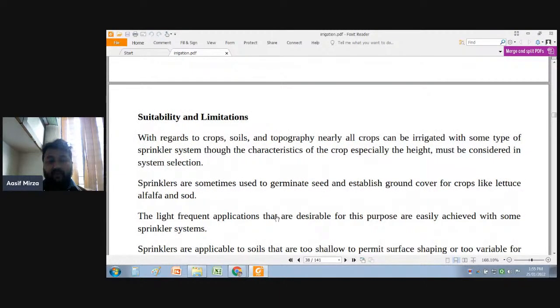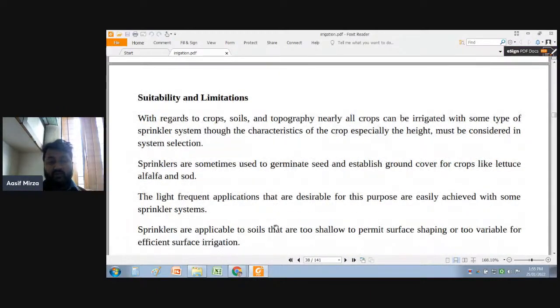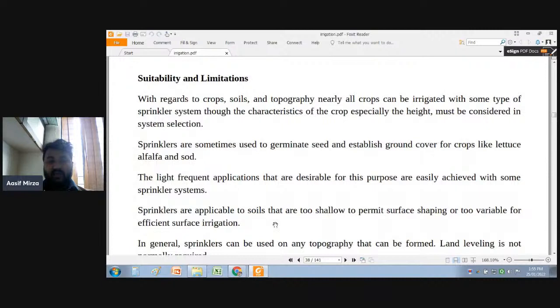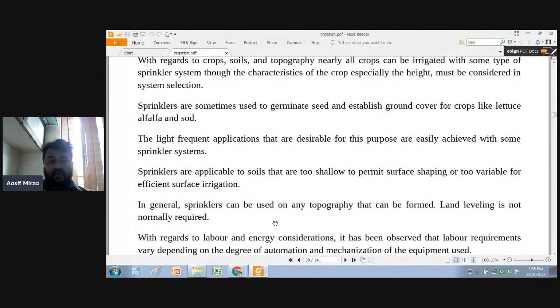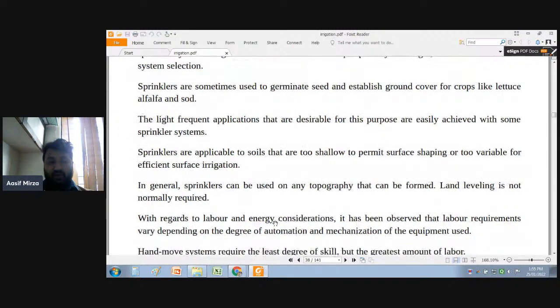The light, frequent applications that are desirable for this purpose are easily achieved with some sprinkler systems. Sprinklers are applicable to soils that are too shallow to permit surface shaping or too variable for efficient surface irrigation. In general, sprinklers can be used on any topography that can be farmed. Land leveling is not normally required.